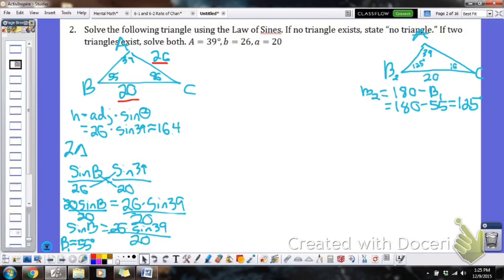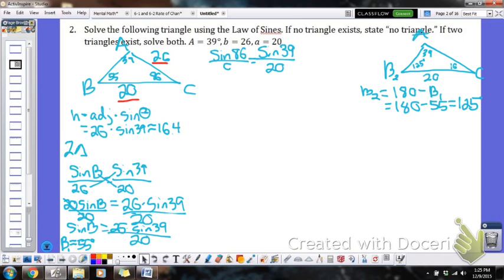So let's go back to our first triangle, and we have to find our last side C. So I'll do that by using the law of sines. So I'll take the sine of C, which is the sine of 86, over side C, and that'll be equal to the sine of angle A, which is 39, over 20.